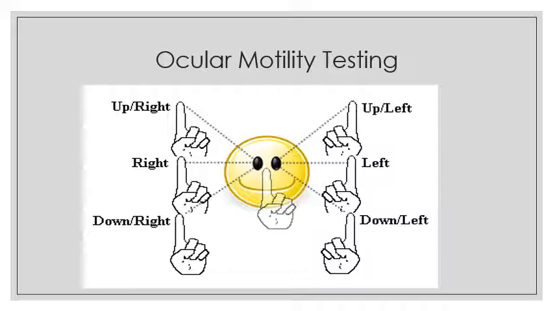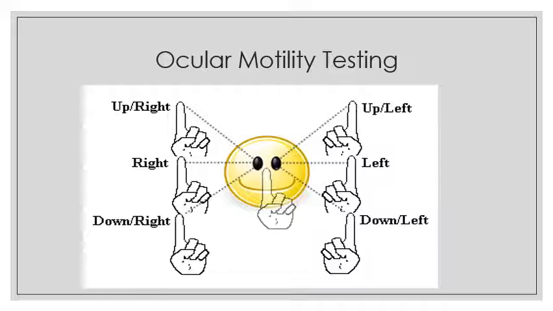Then ask the patient to look up and left, or direct left, or down and left, down and right, direct right, or upper right. And look if there is any restriction of movement in either eye.